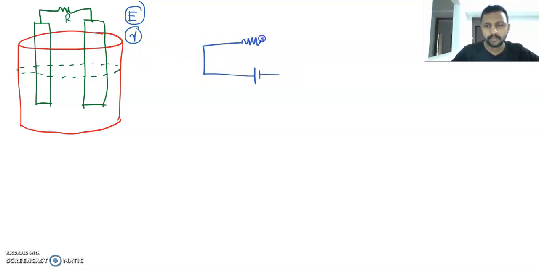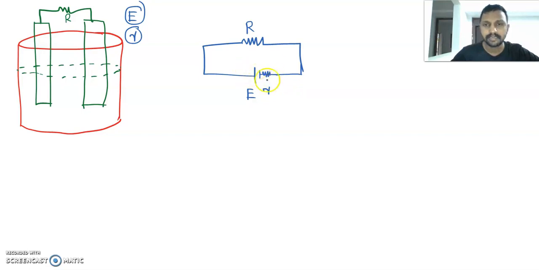We could draw a normal electrical circuit over here. You could see we are having a cell which is of EMF E and its internal resistance is small r. It is connected to an external resistance of capital R. In some circuit diagrams, they will denote internal resistance like this, but in some circuit diagrams, they won't denote the internal resistance like this.